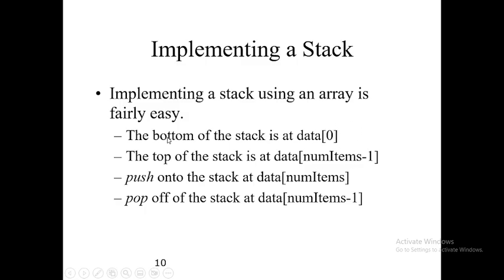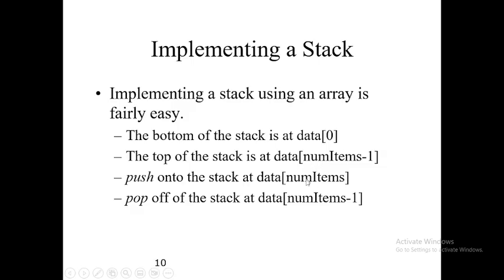So always the bottom of the stack is 0, then the top will be n minus 1, or simply number of items minus 1. That will be the top of the stack. If you want to apply the push operation, you say data of that item, whichever item you want to push, data of 1 or data of 2 or data of 3.